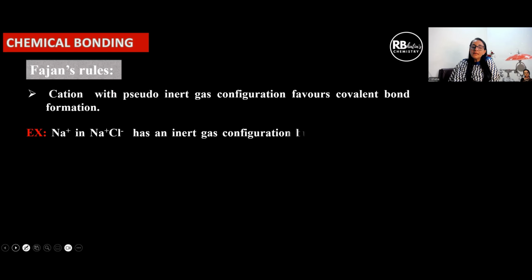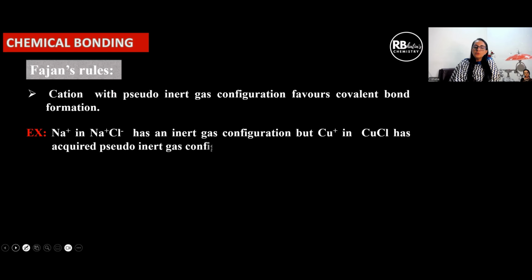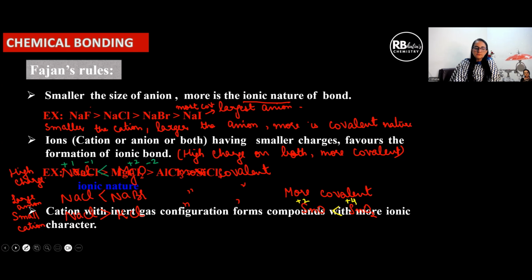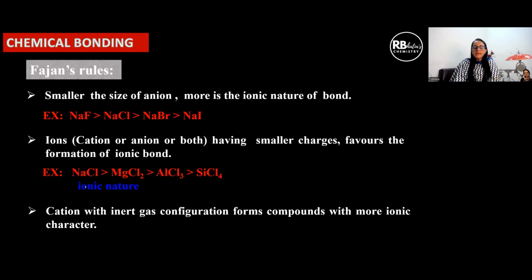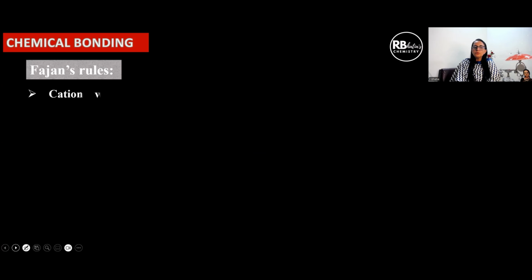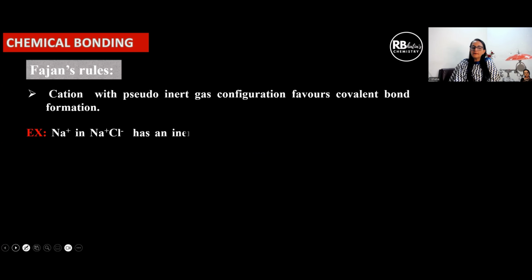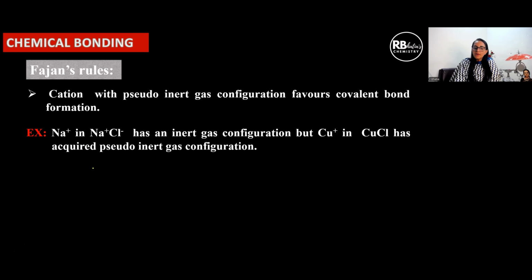Now, cations with noble gas configuration, cations with inert gas configuration form compounds with more ionic character, and cations with pseudo noble gas configuration show more percentage of covalent character. Now, what is pseudo noble gas and noble gas configuration?